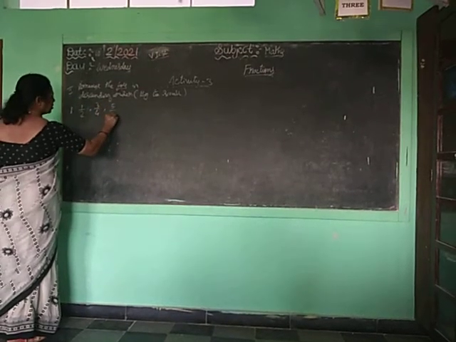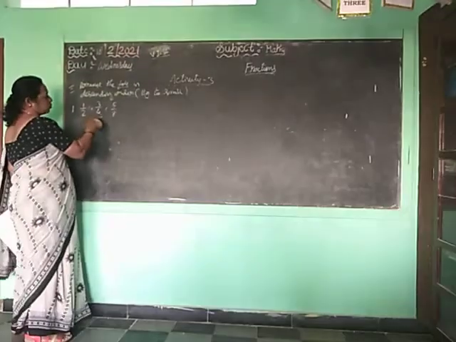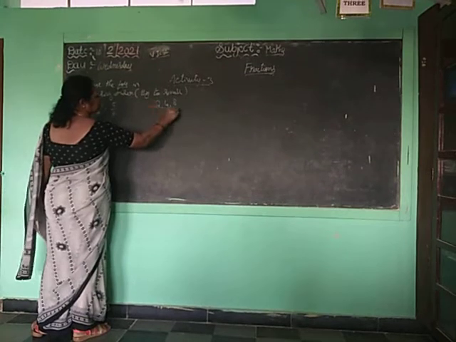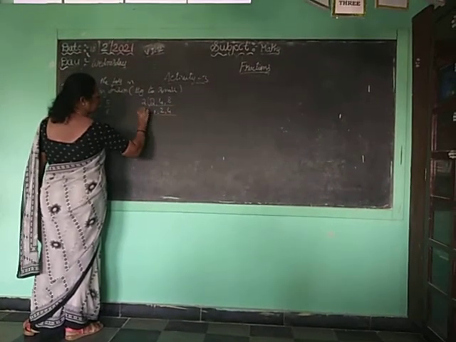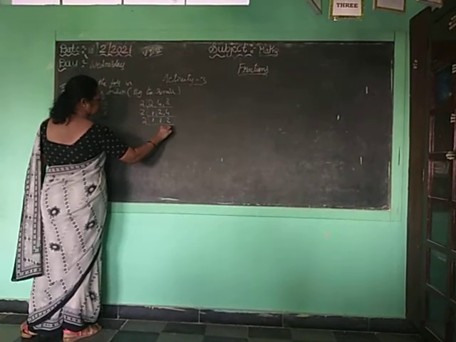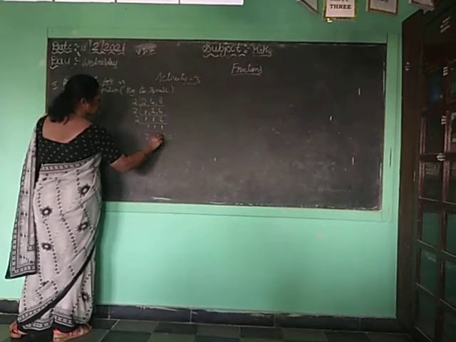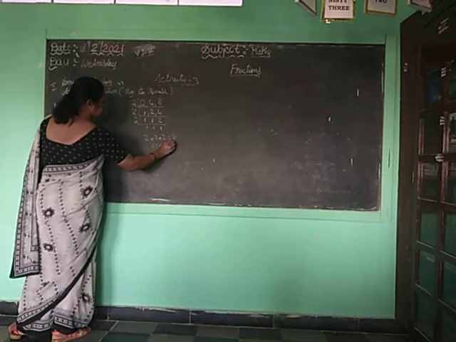Okay children, so you have to find the LCM for what? The denominators 2, 4, 8. Find the LCM for 2, 4, 8. So you know 2 ones are 2, 2 twos are 4, 2 fours are 8. Again 2 ones are 2, 2 twos are 4. 2 ones are 2. So 2 into 2 into 2. 2 twos are 4, 4 twos are 8. The LCM is 8.